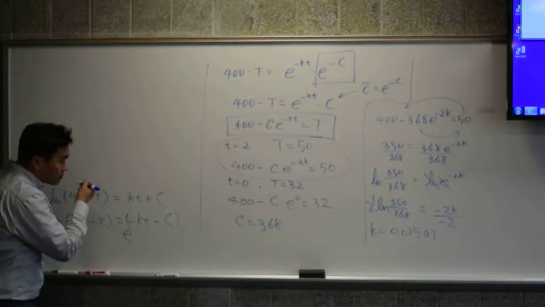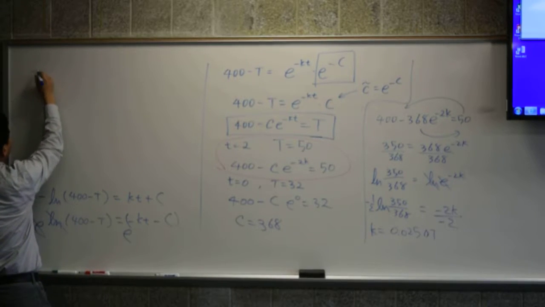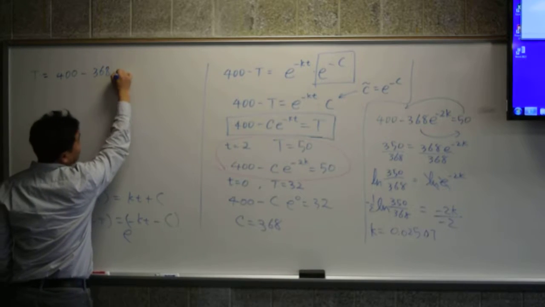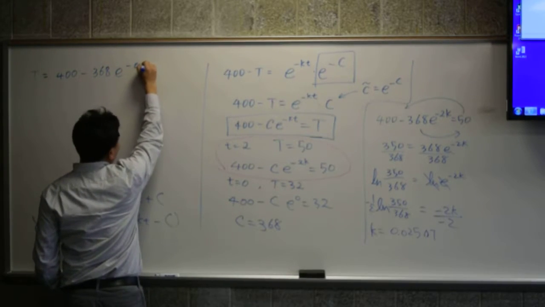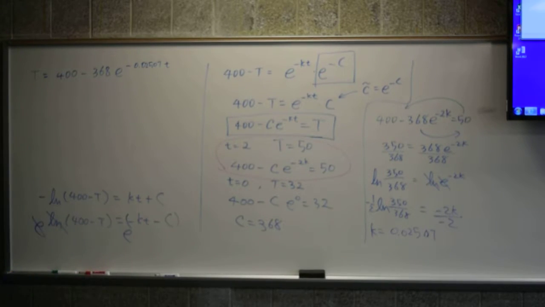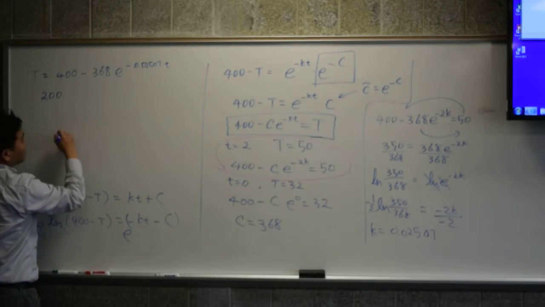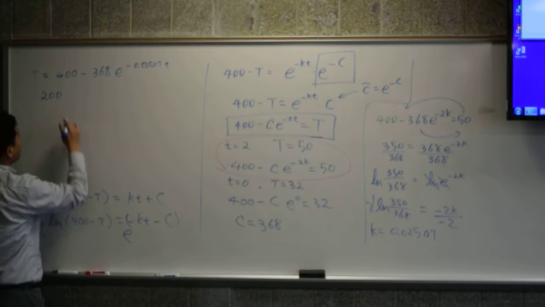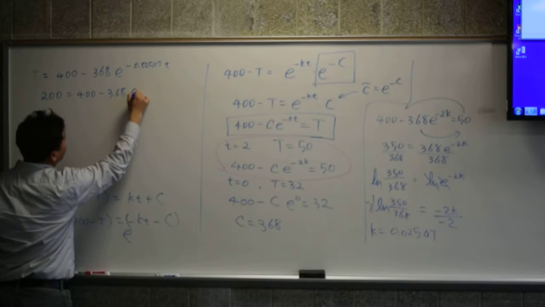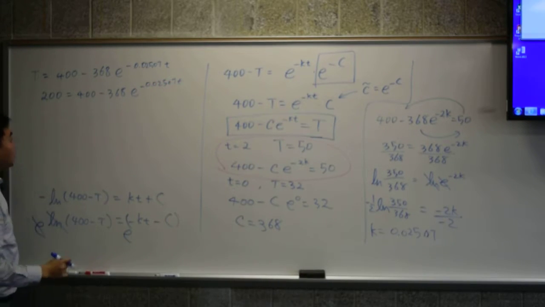So what you get is that T is now 400 minus 368 e to the negative 0.02507 times t. With this, we're trying to ask, when does it reach 200? So now we have the equation to solve for t. We have 200 equals 400 minus 368 e to the negative 0.02507 t.